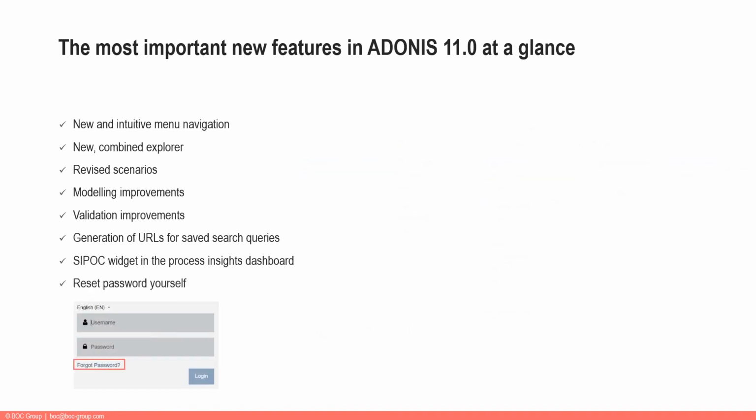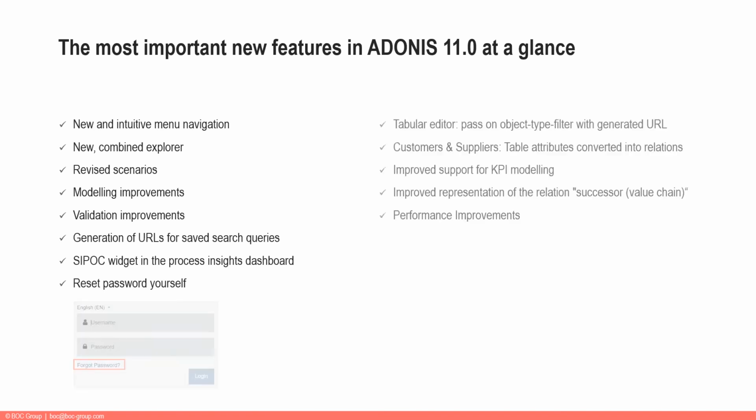And something that I think is rather handy is that ADONIS 11 also gives you the ability to request a new password should you forget it. And last but not least, we improved support for the KPI modeling in the tool. We've improved the representation of the successor value chain relation, as well as improved ADONIS's performance in general.